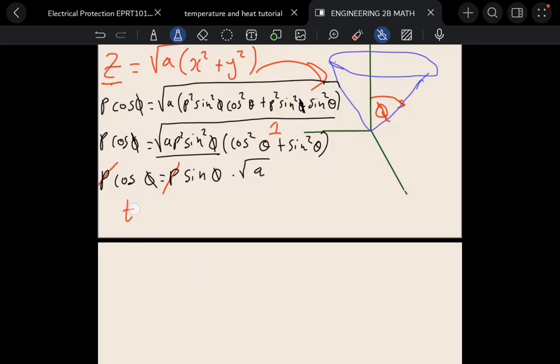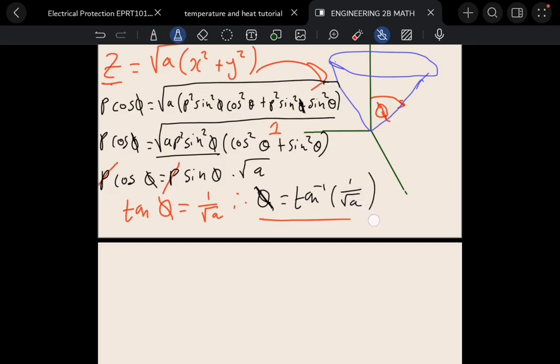You'll have the tangent of phi is equal to 1 over the square root of a. All right? And then if you calculate phi from here, you can see that phi is actually the arctangent of 1 over the square root of a.